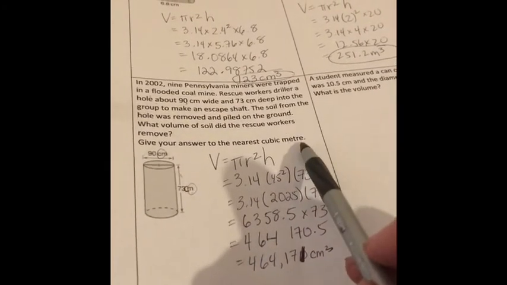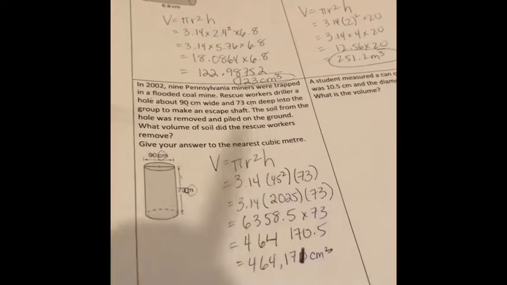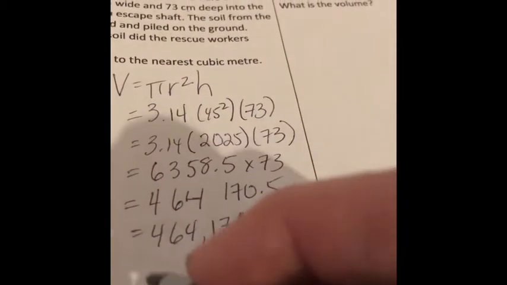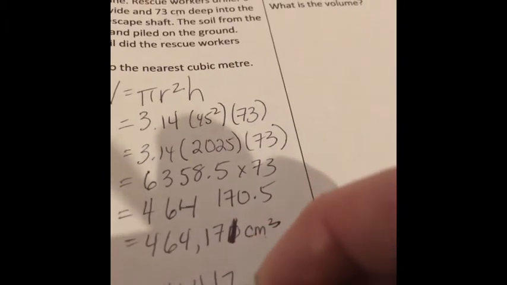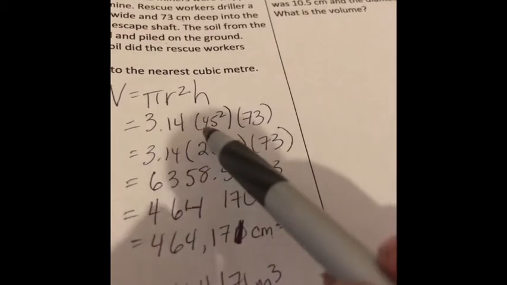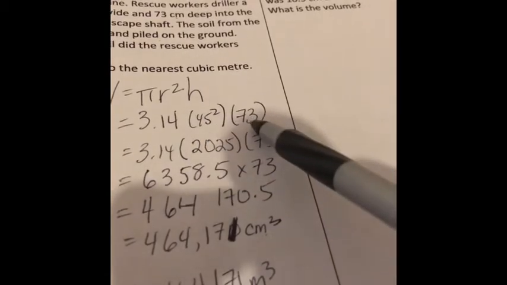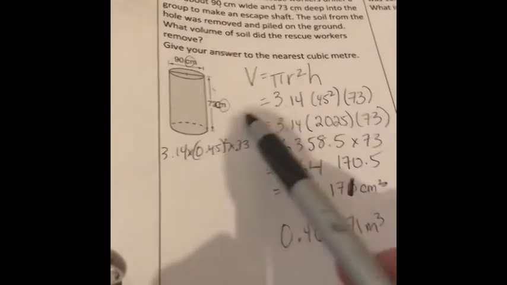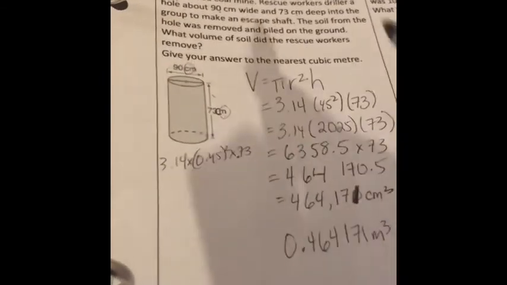It says to the nearest cubic meter, so we have to change this to cubic meters. So actually in cubic meters, this would just be 0.464171 cubic meters. And you can figure that out also by changing this to decimal 4.5 and this to decimal 7.3. So let's check those numbers. If we had changed these all to meters, this would be 0.45 meters, this would be 0.73.